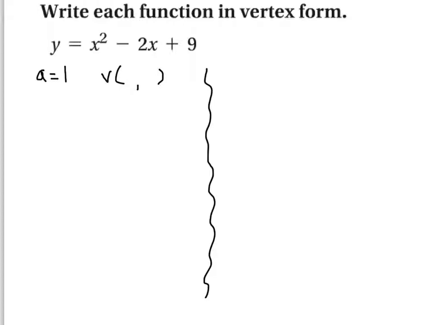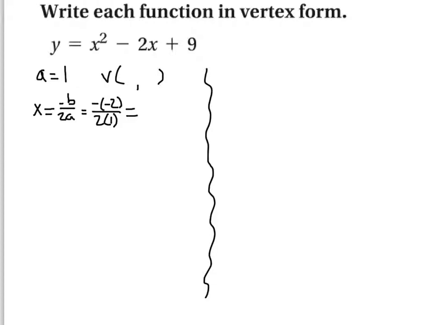So to find the vertex, we know the x-coordinate of our vertex is negative b over 2a. So we've got to solve for that. So that's negative 2, that's our b value, over 2 times 1, because that's our a value. Negative 2 is 2.